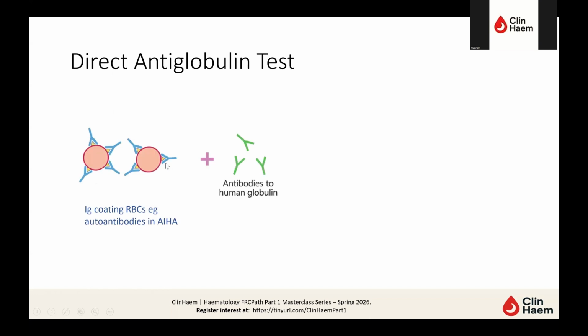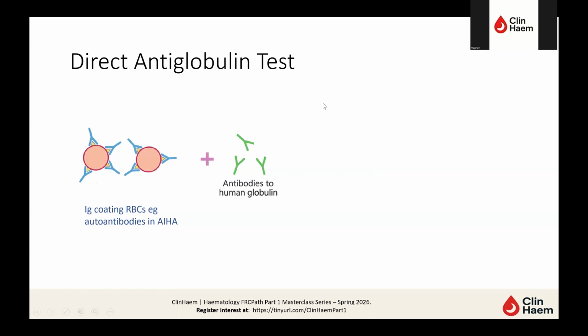What we do is we take the patient's red cells. These are the patient's red cells. In this instance, they are covered by some autoantibodies in blue, and we will expose them to the Coombs reagent, which is shown in green here. The Coombs reagent is just a mixture of antibodies against human immunoglobulin and complement.